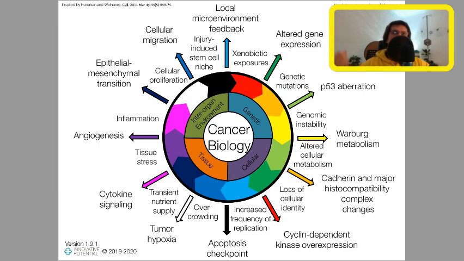You're spiraling downwards from this initial mutation, and then comes a big series and comedy of errors that allows this cell to proliferate out of control and grow tumors, basically.